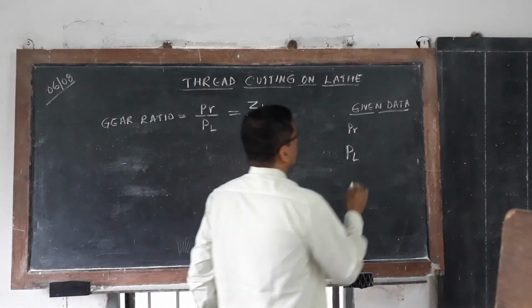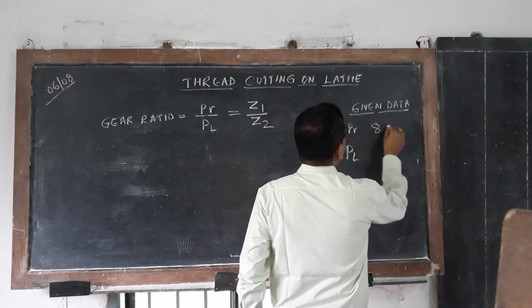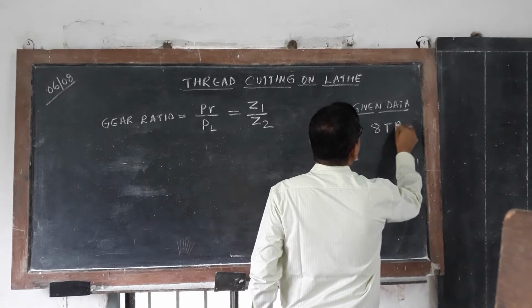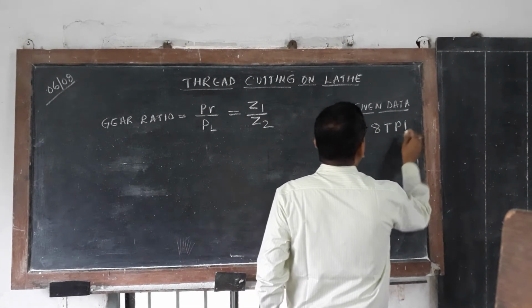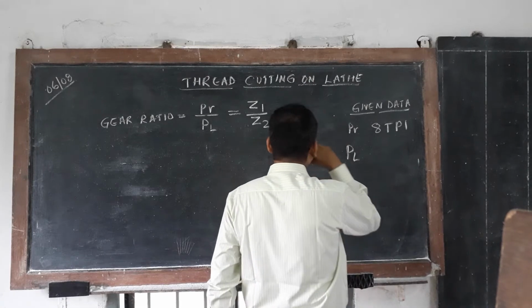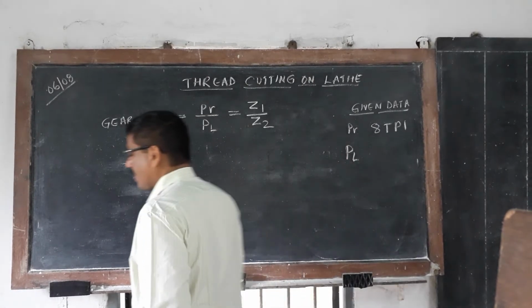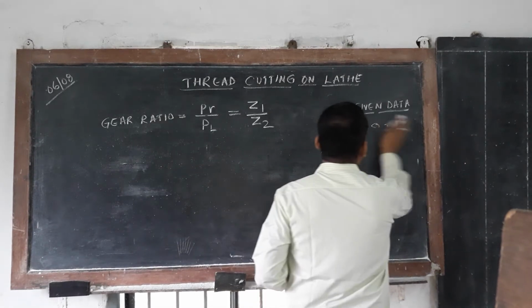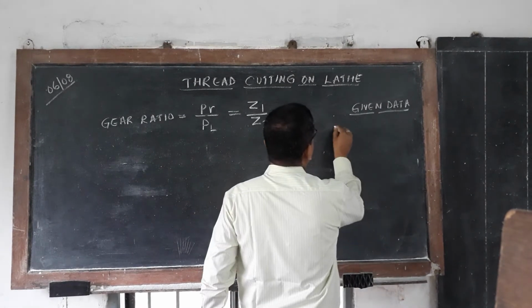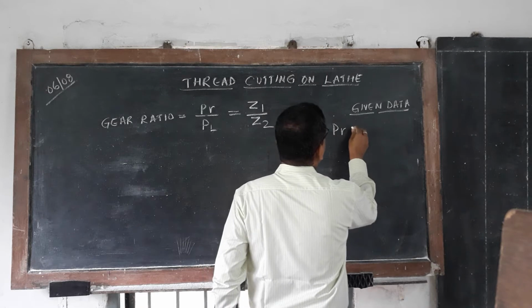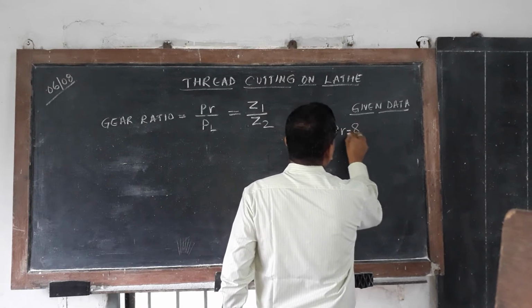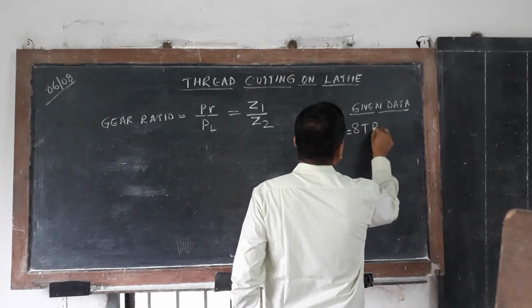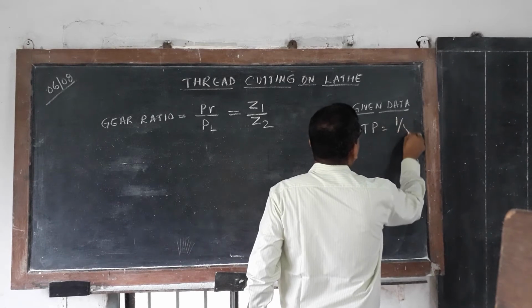Which required 8 TPI. So nothing but it is, this side I write. Which required 8 TPI is equal to nothing but 1 by 8.